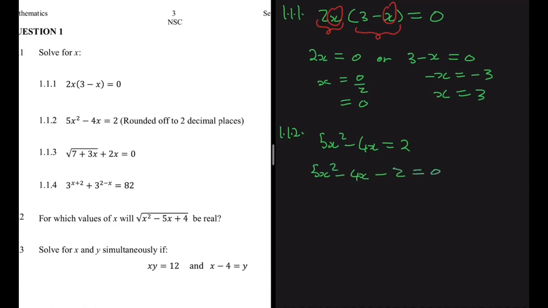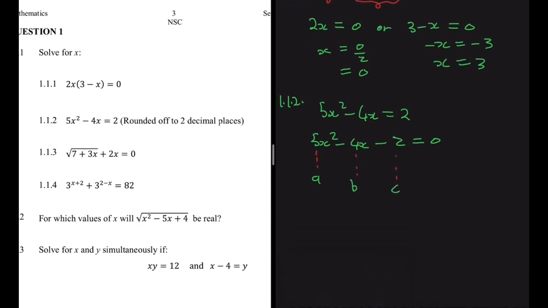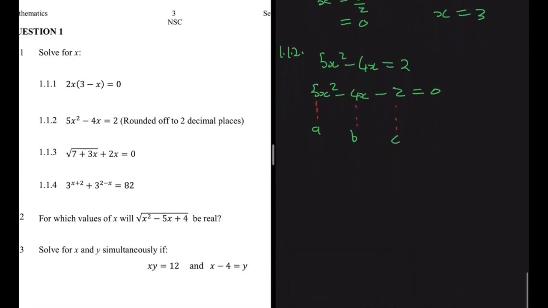Now we have our equation in the standard format. We know that 5 will be a, minus 4 will be b, and minus 2 will be c. The general formula for a quadratic equation is given as x is equal to minus b plus or minus the square root of b squared minus 4ac, divided by 2a.